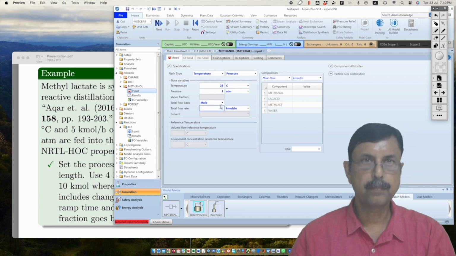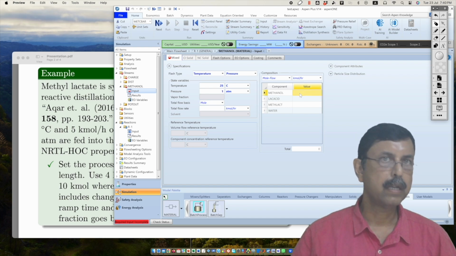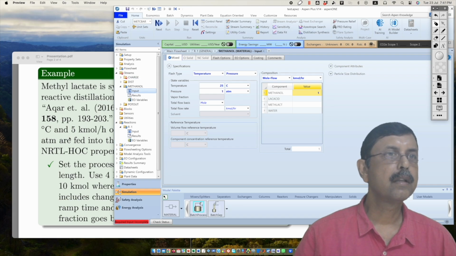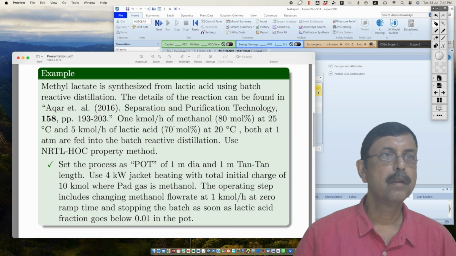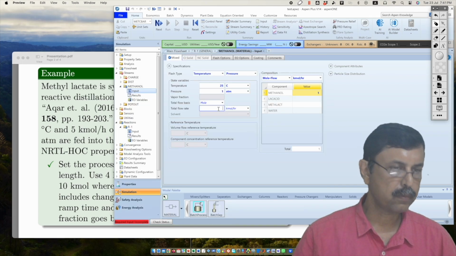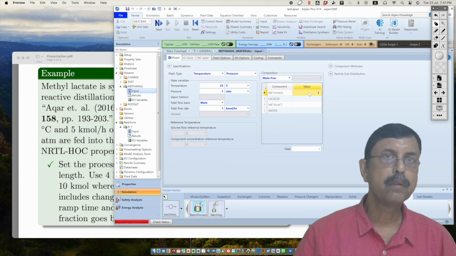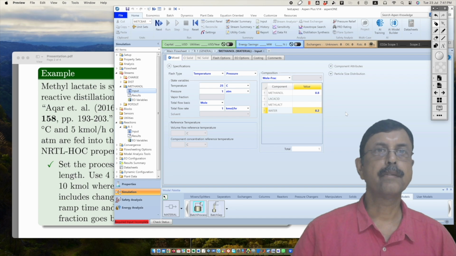Okay, so this is our methanol. But no, methanol is not fully 1 kilomole per hour, it is 80 mole percent. So we will put 1 kilomole per hour, and mole fraction 0.8, and rest is water. That's how it makes 80 mole percent of methanol.